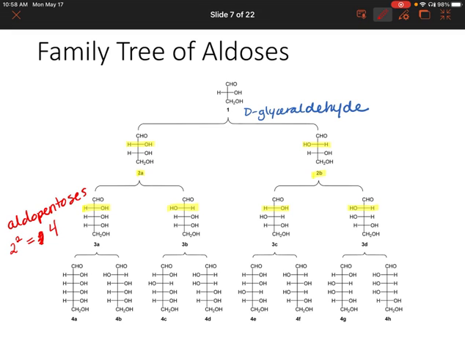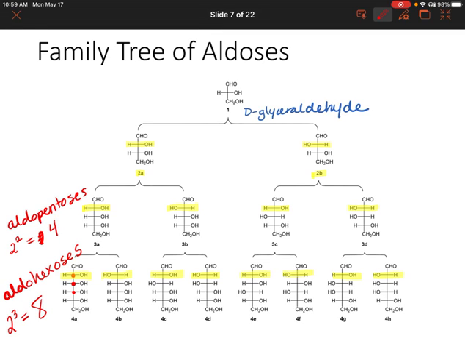Now, if we take all of those a step further and add another chiral center, again, we're increasing the number of structures. So now there's all of these different possibilities. And if we take into account that we have 3 chiral centers on these aldohexoses, that would be 2 to the 3, which is, let's see, 8 possible structures. So 1, 2, 3, 4, 5, 6, 7, 8. Yep, we have 8 possible structures there.